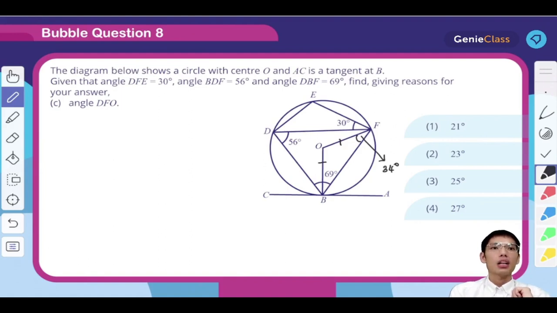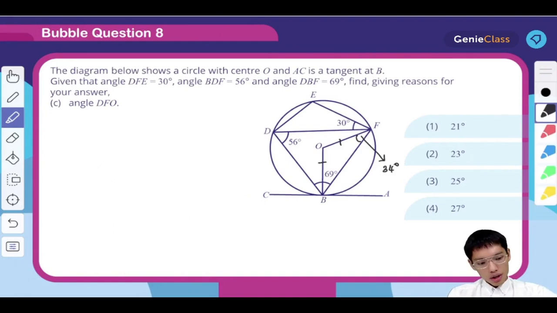This is enough. Launching the bubble launcher. 3, 2, 1. Let's go. Give it a shot. Alright, don't rush. Okay, take note. Again, what is the angle you are finding?